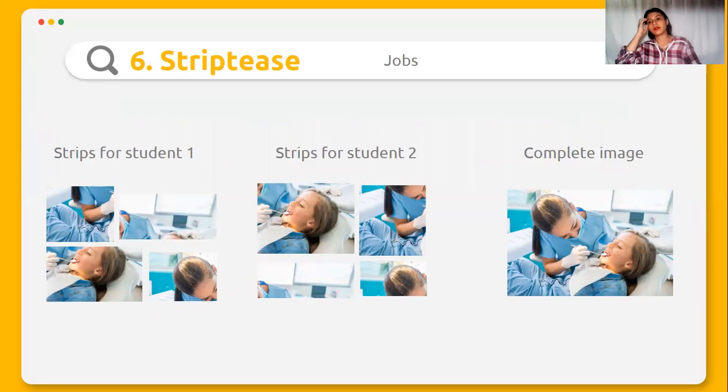Well, the first technique that I chose is Jigsaw.